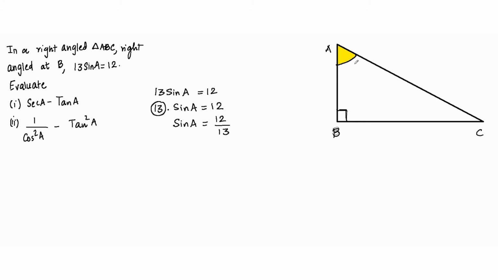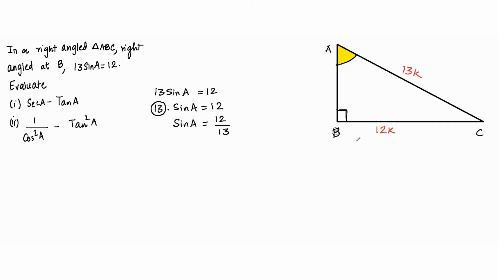That means the opposite side to angle A is BC. Since sine is given by opposite upon hypotenuse, this side is going to be 12K and the hypotenuse is going to be 13K. So BC has to be 12K and the hypotenuse AC has to be 13K.